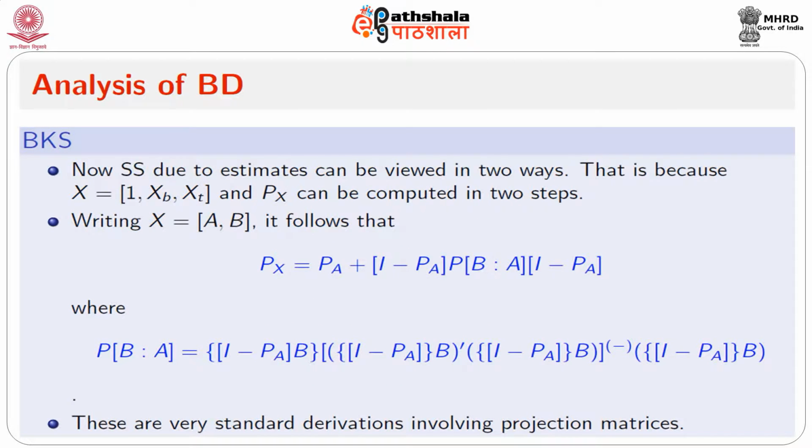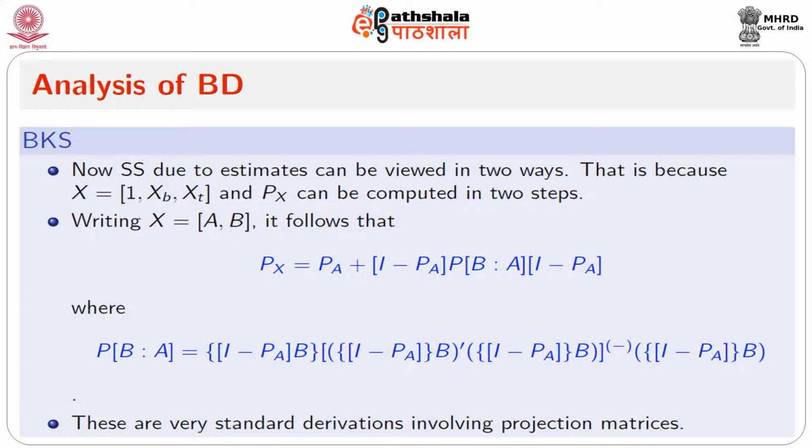Sum of squares due to estimates can be viewed in two ways. That's because the X matrix has the expression (1, X_b, X_t), and P_x can be computed in two steps. First you write X as the partitioned matrix (A, B), then it follows that P_x is nothing but P_A plus P of (1 minus P_A) B given A times (I minus P_A). Whereas P of B given A has its own expression.